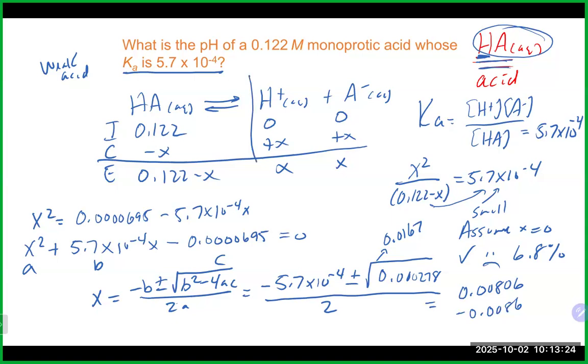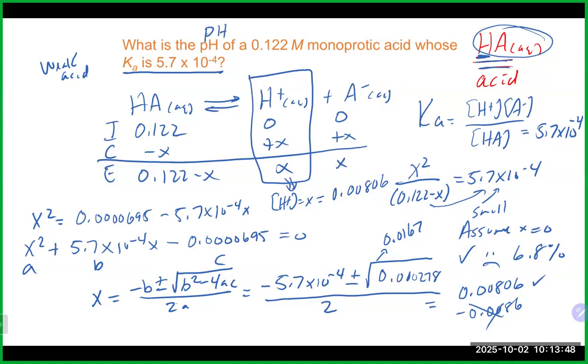Clearly, since we are looking for H plus, that doesn't look so good. So I'm going to go with this one. And that means, as we can see from our table here, H plus equals x, which equals 0.00806.